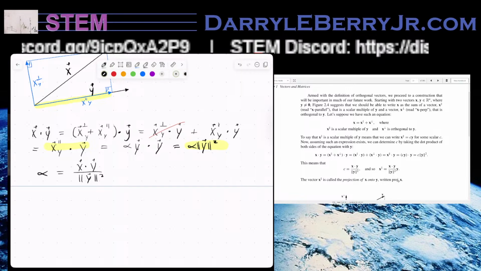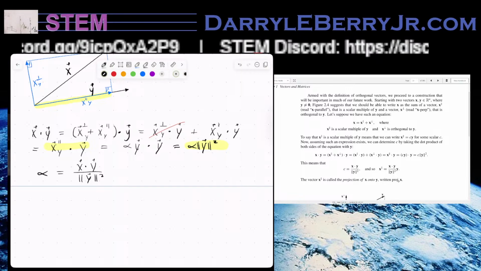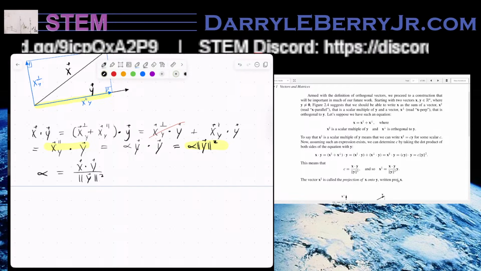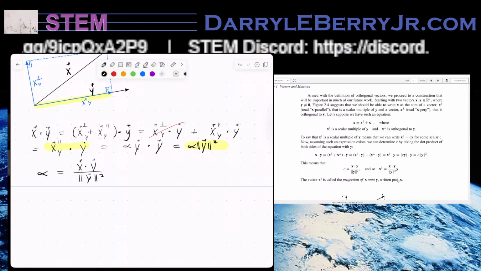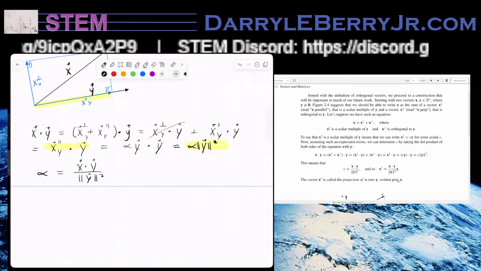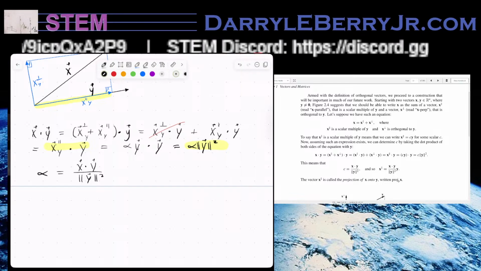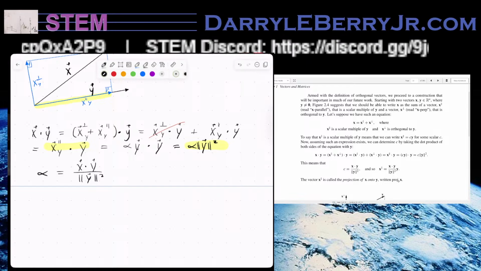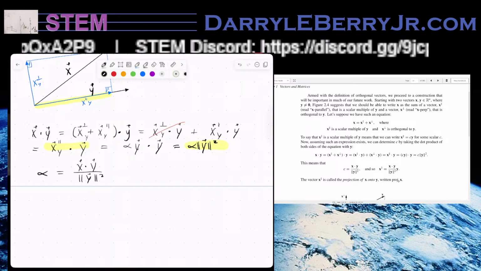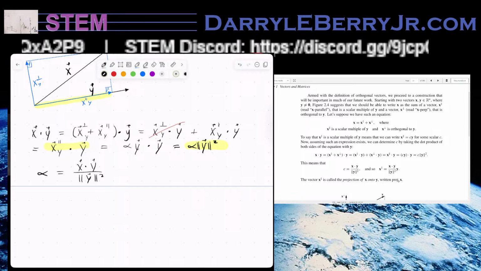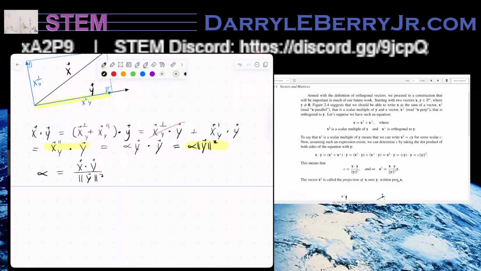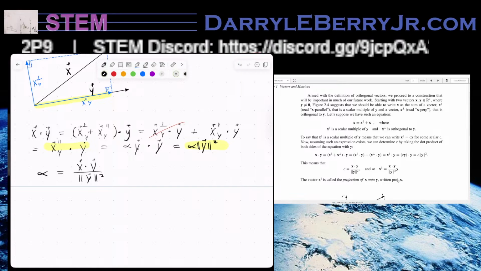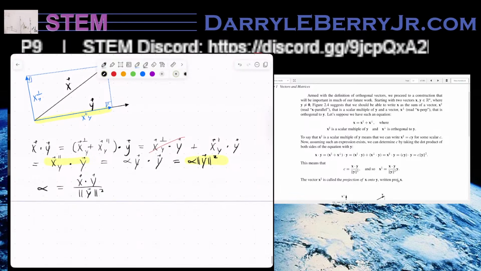So, not quite seeing how you get the x parallel one. Oh, I see. I'm used to thinking about it as a projection.